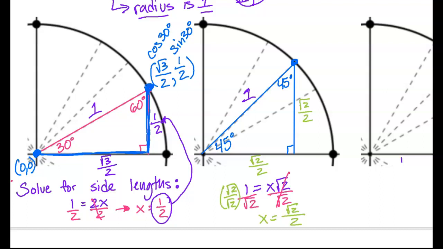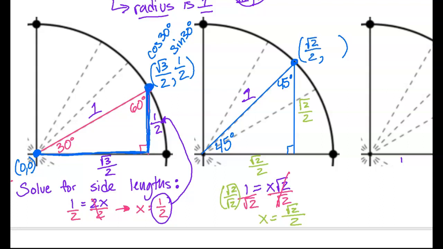So knowing that, what is our coordinate point for the 45-degree angle? What is the x value first? Yes.